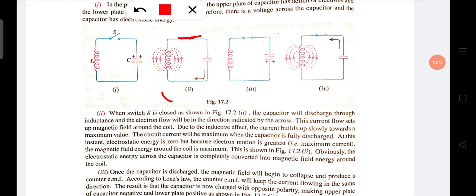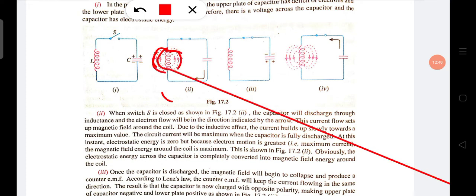The voltage created in the capacitor is transferred, discharging the capacitor through the inductor, and the current flows in this direction. Due to this positive and negative, the current flows through the inductor in this direction. Now, due to this current flow through the inductor, a magnetic field is created in the inductor, like this.